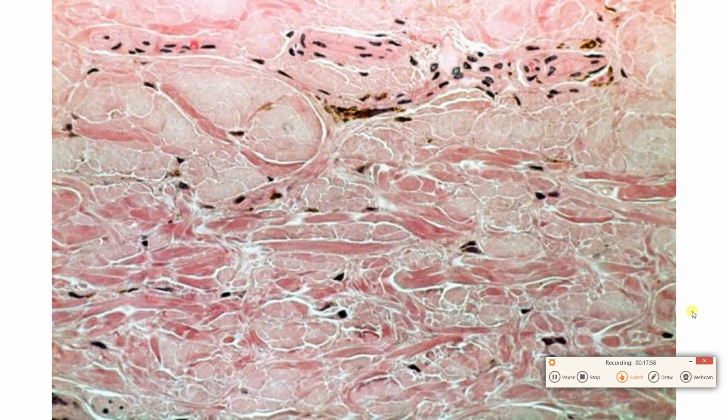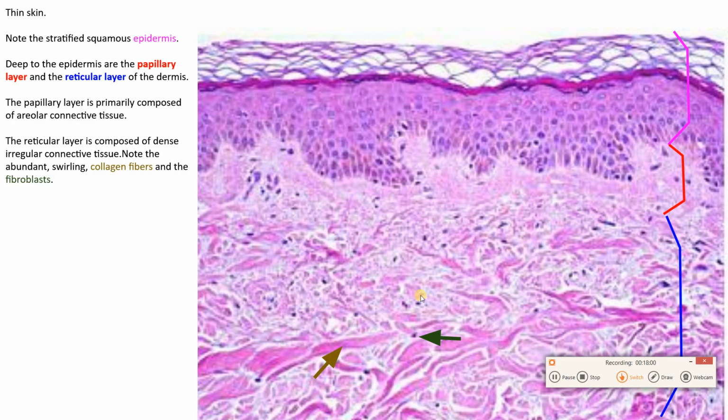And I want to show you some skin pictures too. Here is some thin skin, which of course recall I've got thin skin all over my body except for my palmar and plantar regions. Got my epidermis up here, stratified squamous epithelium. And then I've got my dermis. The red and blue is the dermis.